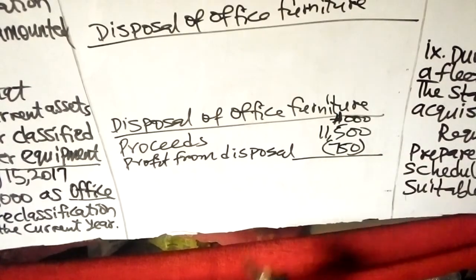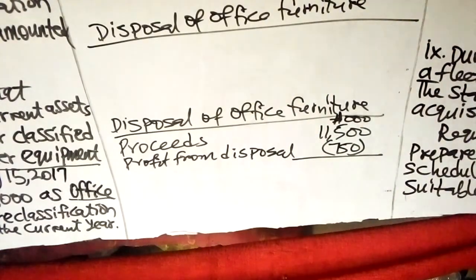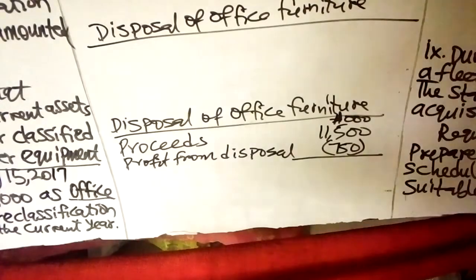If you subtract the profit, let me use the calculator. 11.5 million minus 750,000. Then we have 10,750,000.